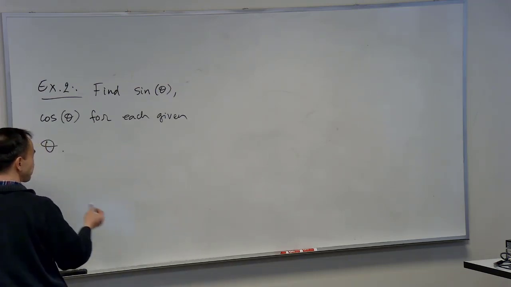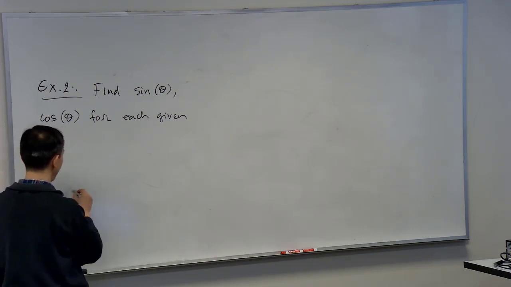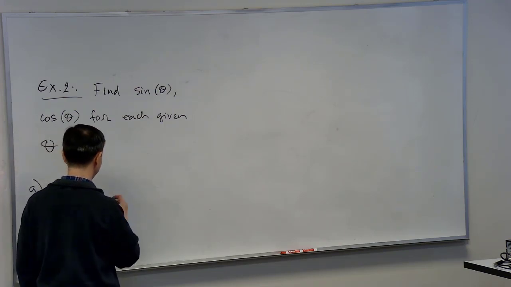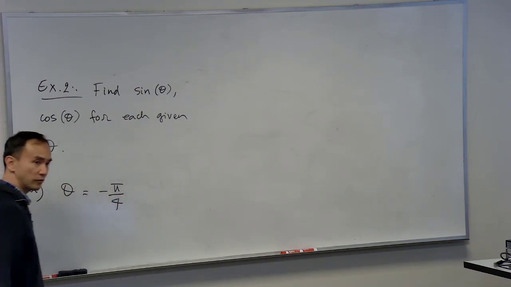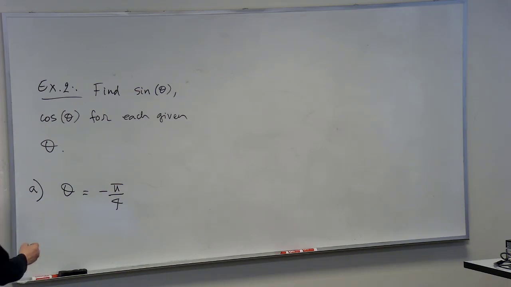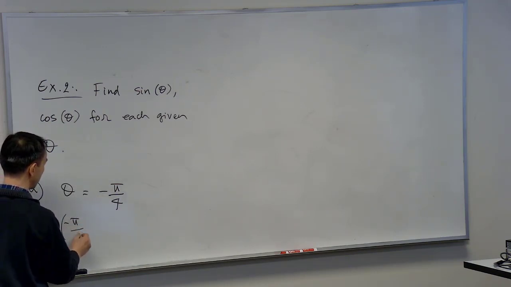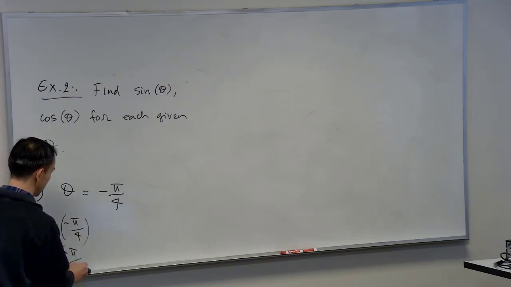How about part A right here? Let's say when theta equals negative pi over 4, for example. The question is asking you to find sine of negative pi over 4, and then cosine of negative pi over 4.